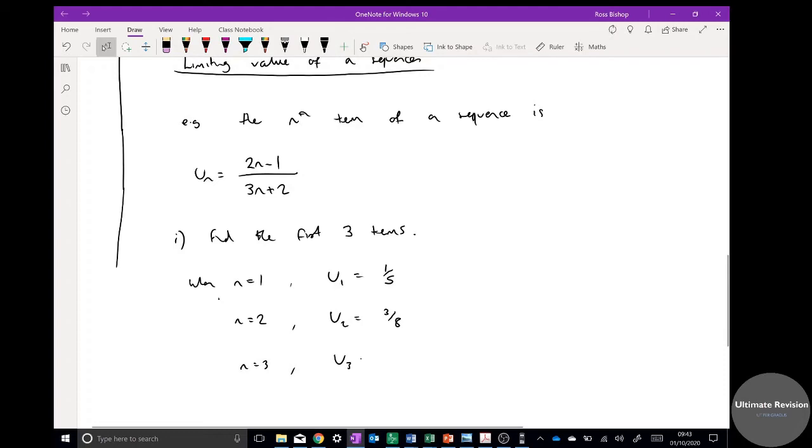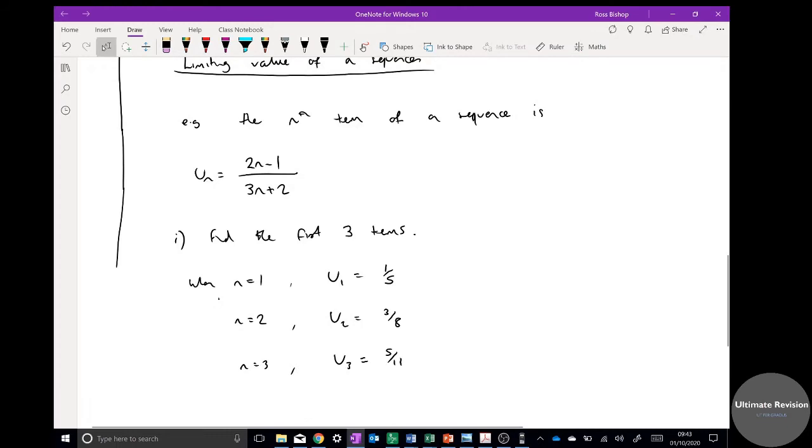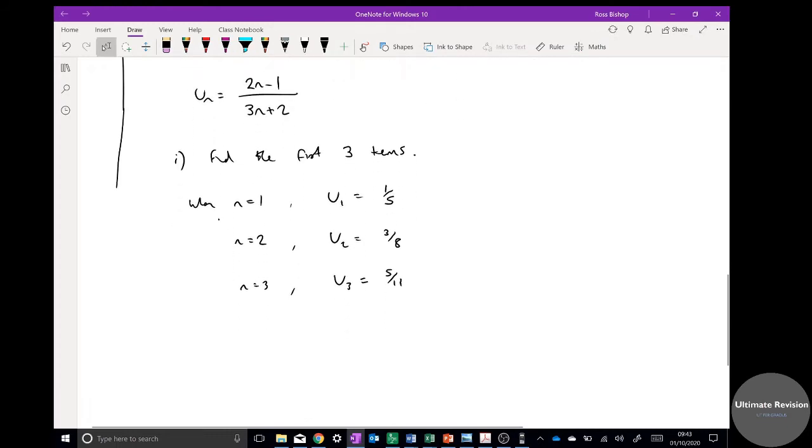And u_3, the third term. Again, if I press calc, 3 this time, I get 5/11. And what you'll find is this is converging to a value.